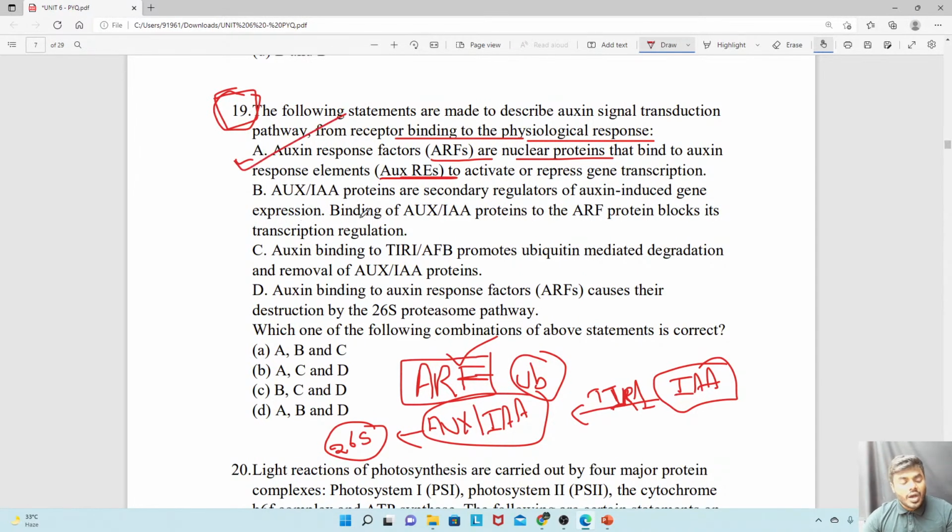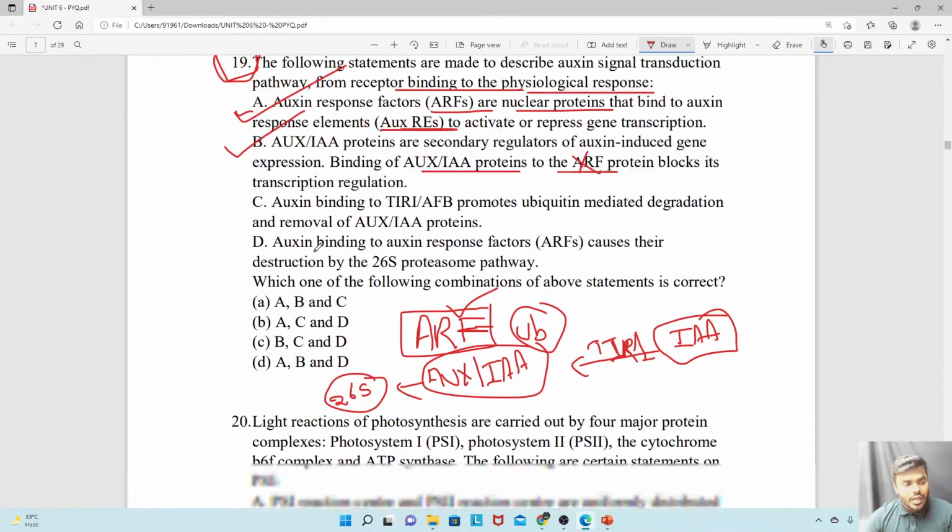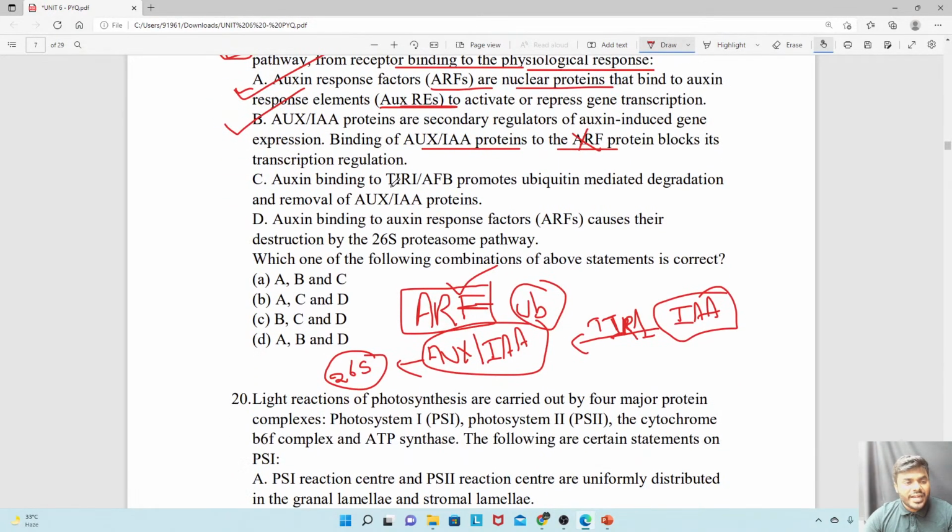Option B, Aux/IAA proteins are secondary regulators of auxin induced gene expression. Binding of Aux/IAA protein to the ARF gets blocked. Absolutely right statement. Option C, auxin binding to the TIR1 receptor or AFB, anything is the same, promotes the ubiquitin mediated degradation of Aux/IAA. Right statement.